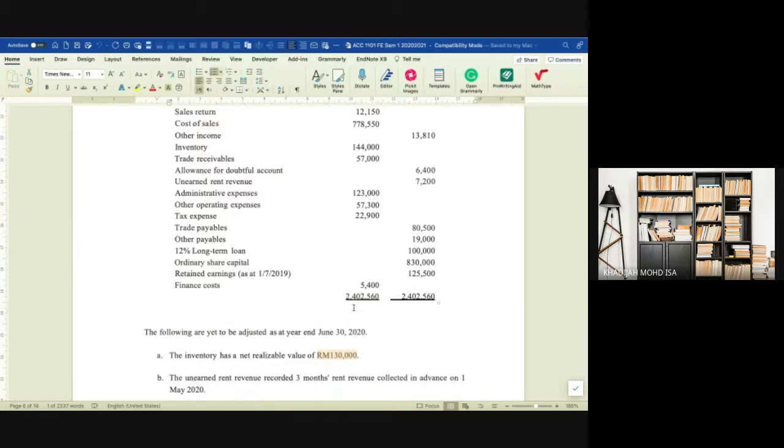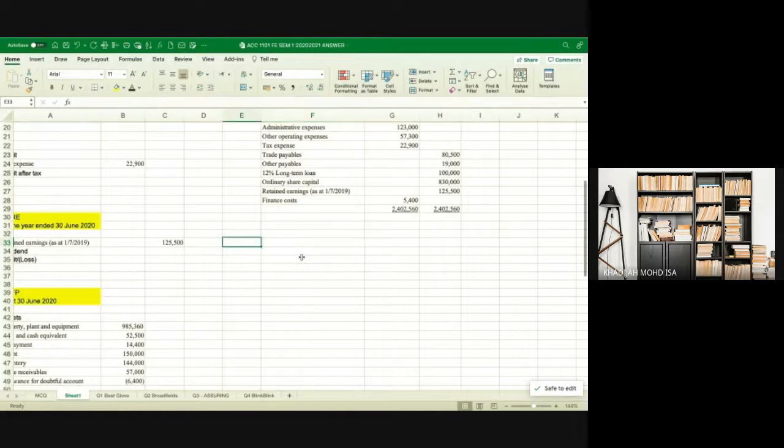So what would be the journal entries? So let's put it here as debit. What do you debit? Let's put it here. Debit and credit. So you know that you're going to credit your inventory.